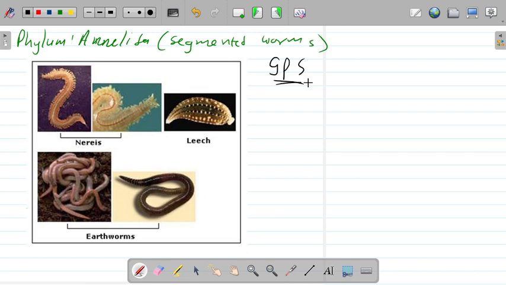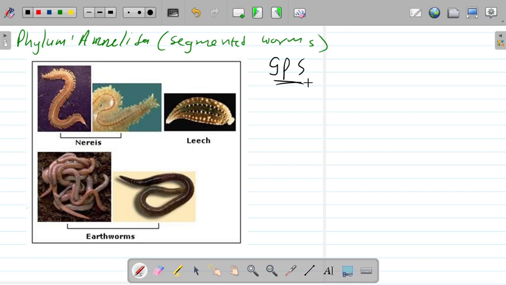Some of them are aquatic. The aquatic organisms may live in fresh water or marine water. The terrestrial worms are found in moist soil most of the time. Some are parasitic, like your leech. A leech is parasitic, and it's called an ectoparasite, meaning it's a parasite outside the body. It will attach itself from outside the body and then start sucking on nutrients.